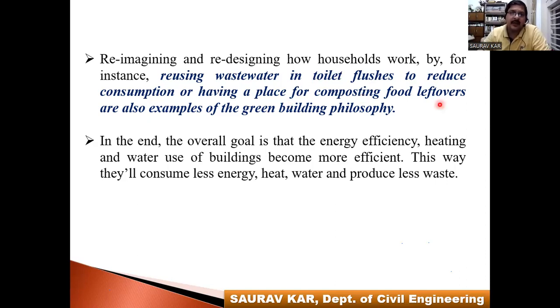We sometimes waste food, or we don't feel like eating and leave it over. So the leftover food can be used for composting. Not only leftover foods, even vegetable and fruit leftovers can be used for your composting.